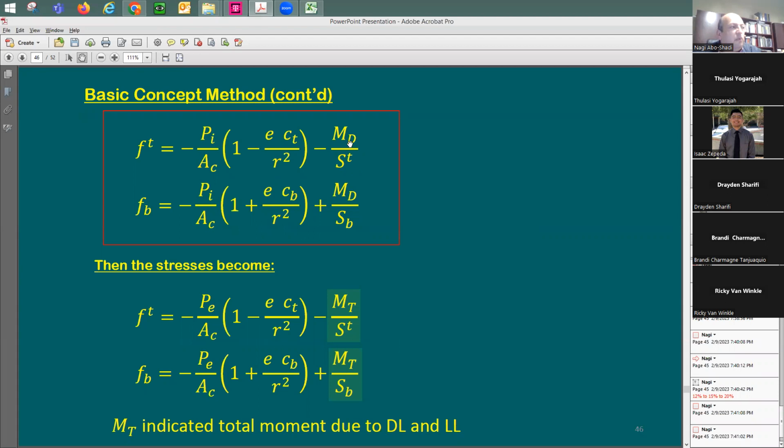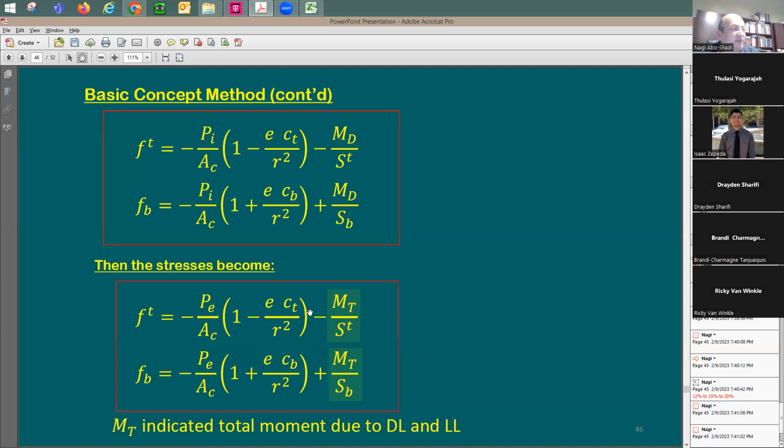So again, when you check here for dead load, you've got to be at PI level. PI level means that you have here higher stresses. But if you'd like to check here for total load, we're going to be 100% sure that PI has been dropped to PE. So PI is going to be the higher value, and PE is going to be the lower value. And these two equations are going to be good to check the stresses.